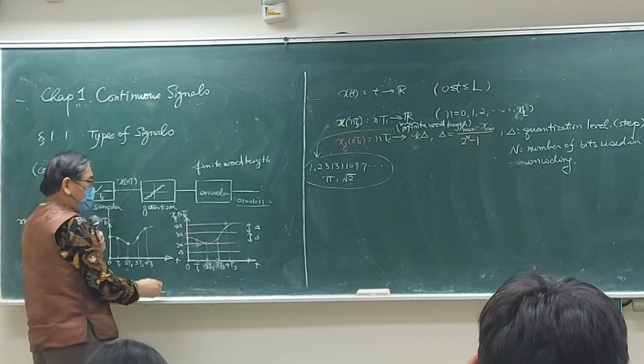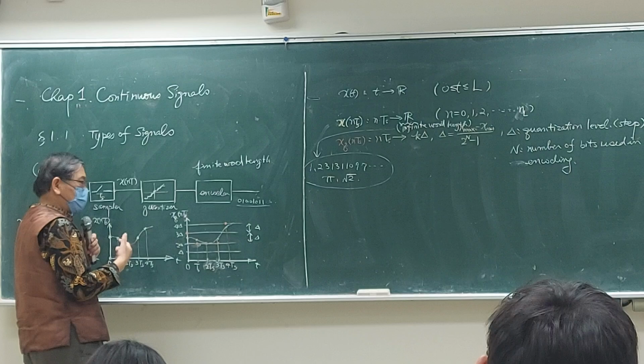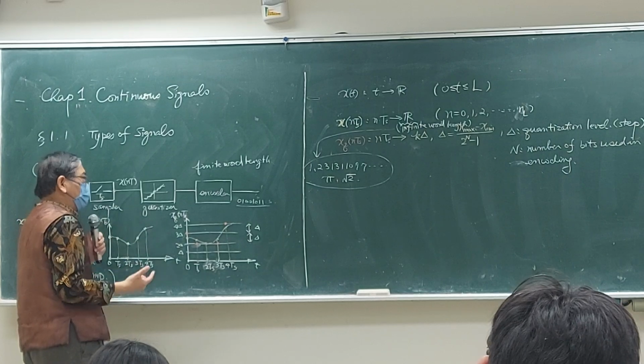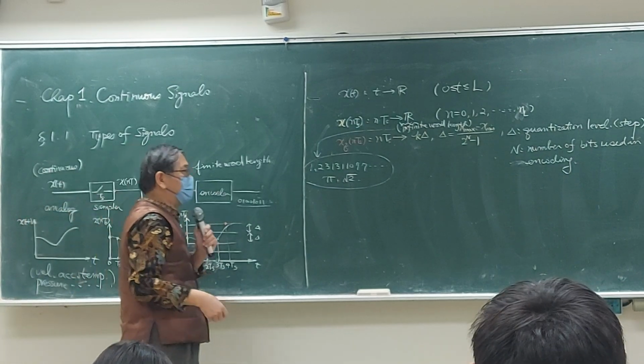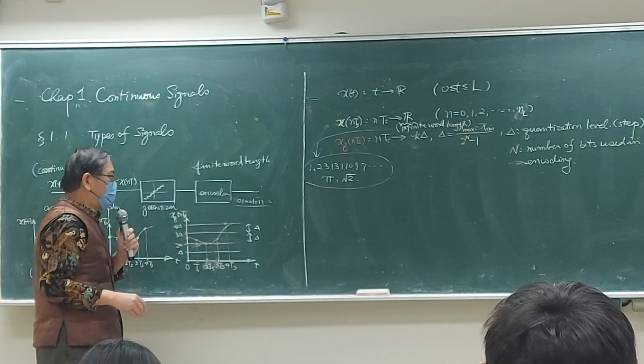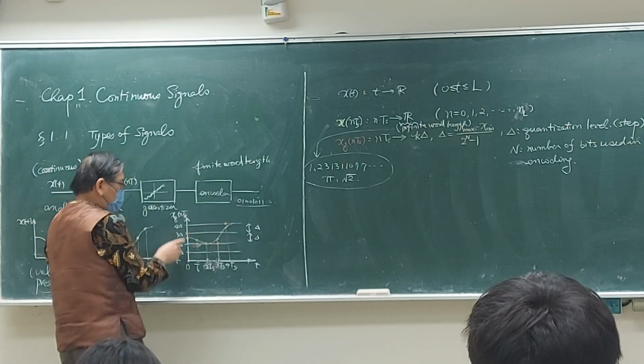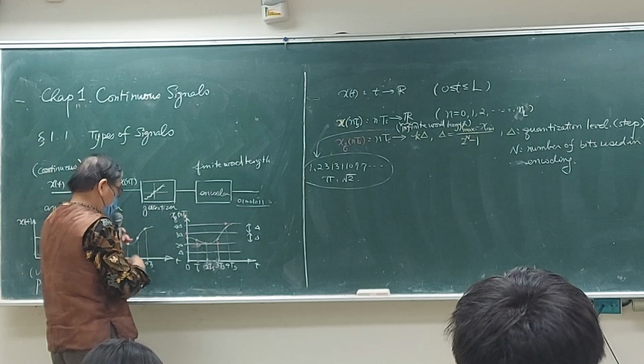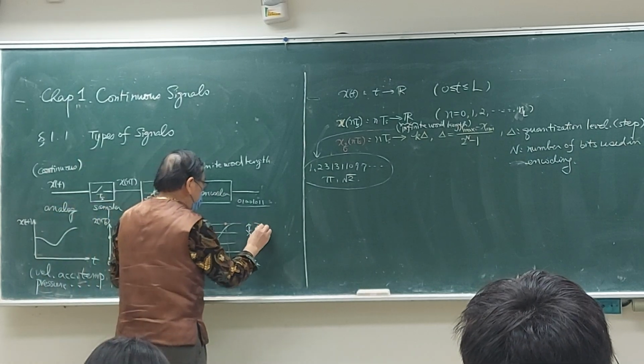We can use only, say, 2 bits, 4 bits, or 6 bits, or 8 bits, whatever. Okay, a finite number of bits to store the signal. Then we have to compute this, called the quantization level delta.